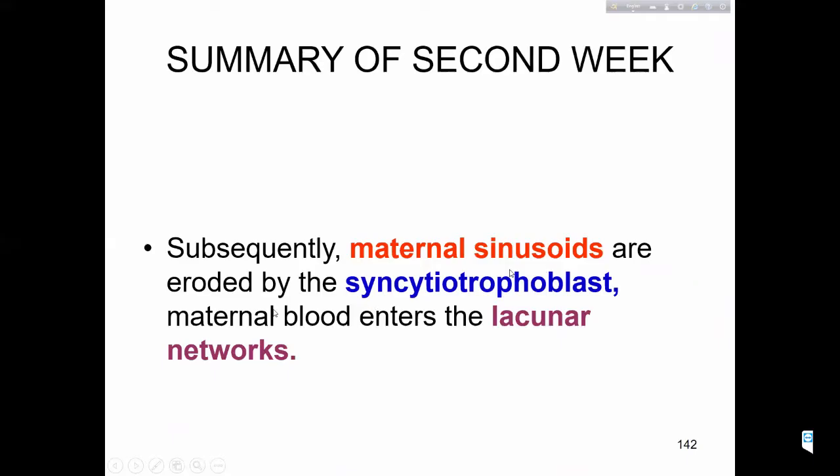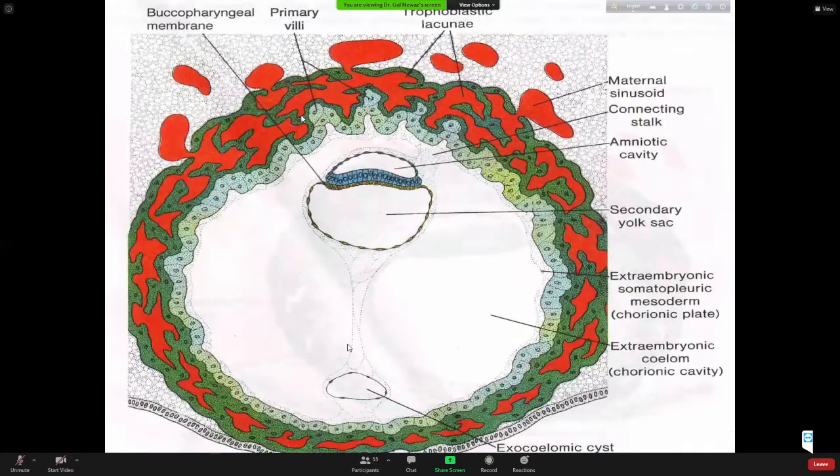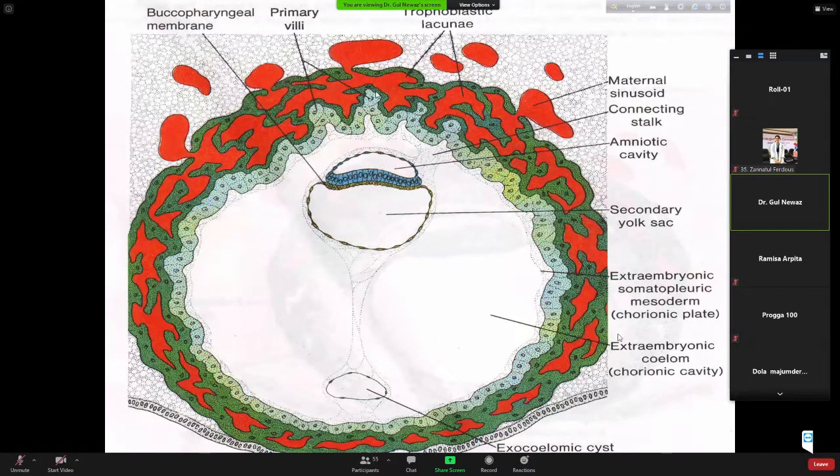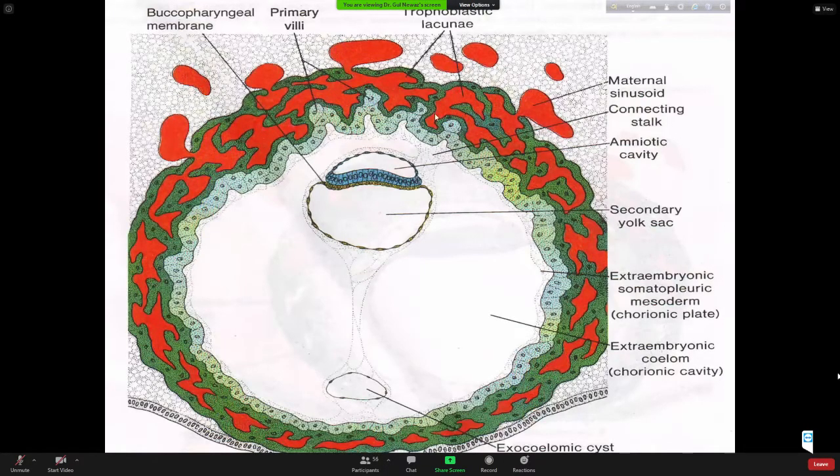Subsequently, maternal sinusoids are eroded by the syncytiotrophoblast. As I told you, the syncytiotrophoblast has the ability of erosion. They can erode maternal tissue, maternal blood vessels, and then what happens? Maternal blood enters the lacunar network. So look here, these red spaces are all lacunae, and they intercommunicate with one another, and so they form a lacunar network.